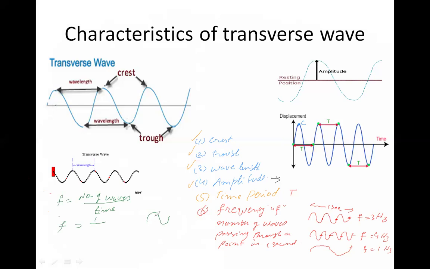And for one cycle, the time is always represented with the capital T. Frequency is the reciprocal of time period. But the better definition is: number of waves passing through a point in 1 second. This is the first formula for your numericals.